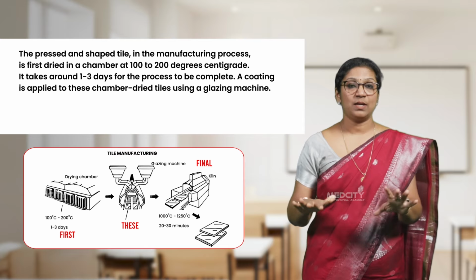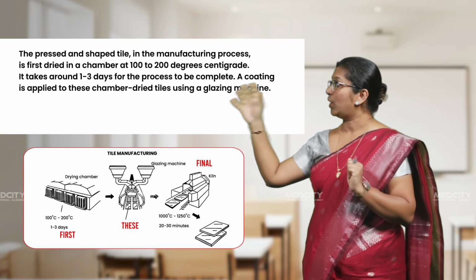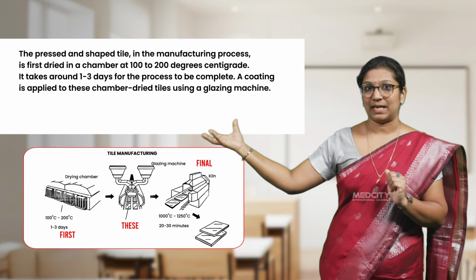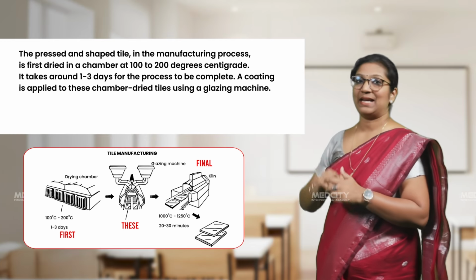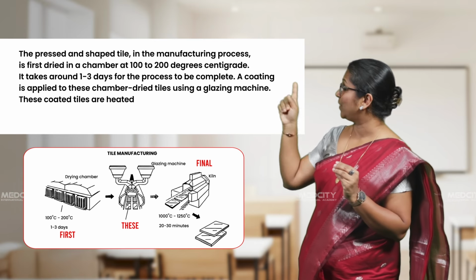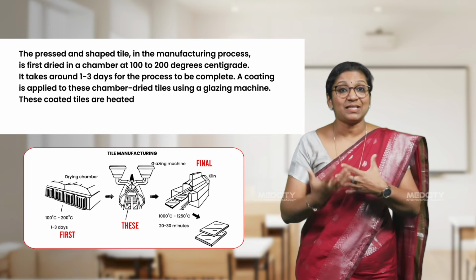Okay, now is the final step. Now what do we have here? We have the glazed or the coated tiles, right? So I add it as these coated tiles are heated. Look at the diagram. Are heated. What is the process happening?